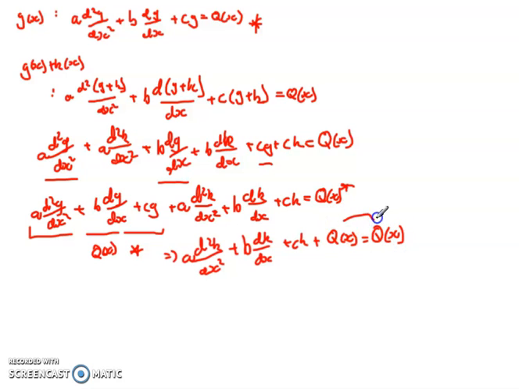If I then shift the q of x across, I end up getting a d2k by dx squared plus b dk by dx plus ck is equal to 0.